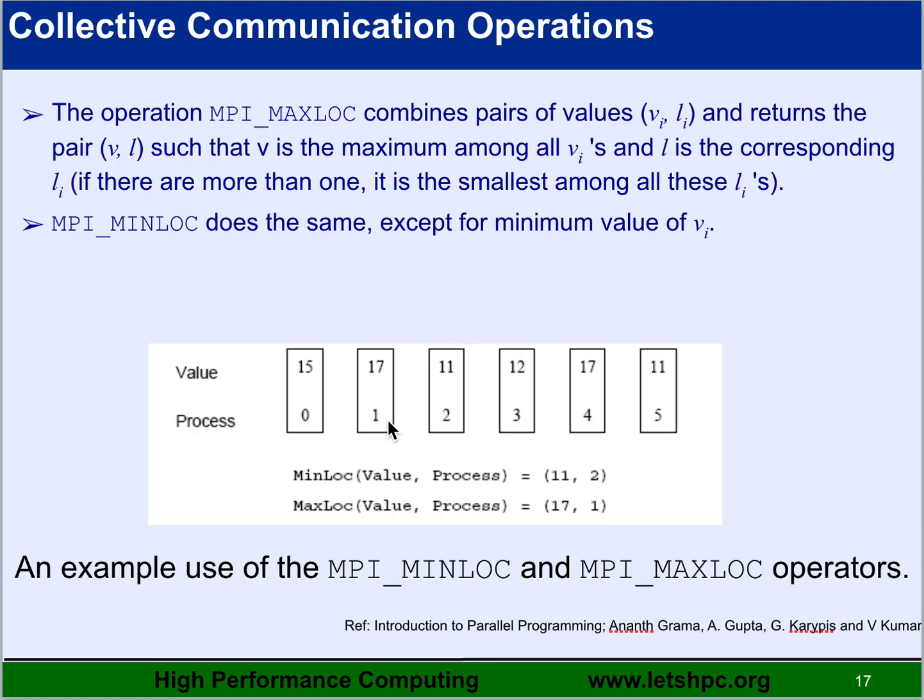Basically, if two processes have that maximum value, the smallest among those processes will be given as the output. Similarly, for min loc, we can see the minimum value is 11 and it is present with process 2. These are very useful in some particular applications.